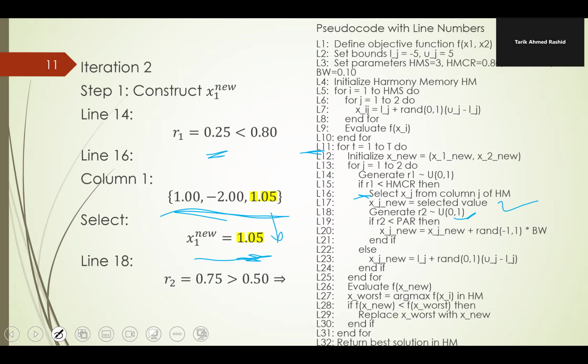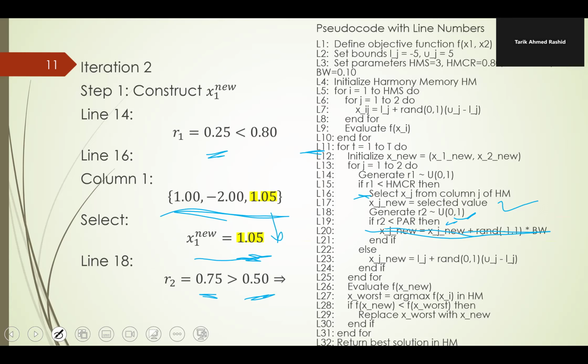That is 0.75, and the pitch adjusting rate is 0.5. 0.5 is not greater than 0.75, so we cannot implement this line, because PA, the pitch adjusting rate, is not greater than R2.